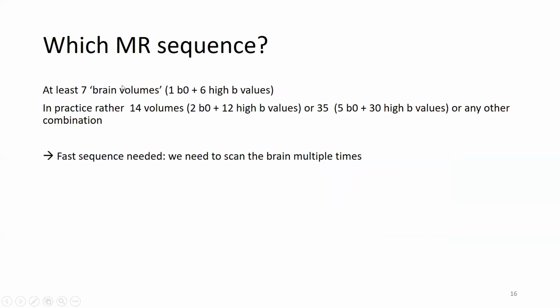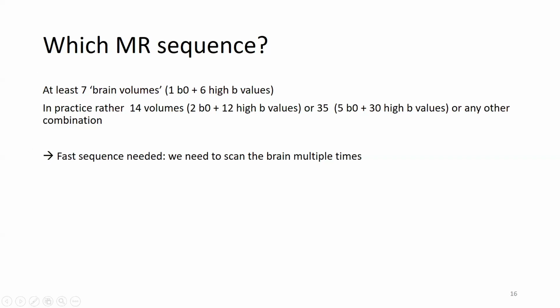A brain volume, say 40 actual slices, needs to be done with a B0. I always need my reference. And then with 6 different B1000, again all B1000, but with different gradient directions. So this is the minimum that I need, which is here 1 B0 and 6 high B values.